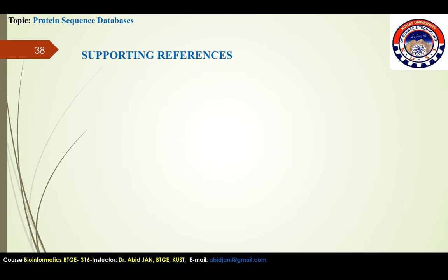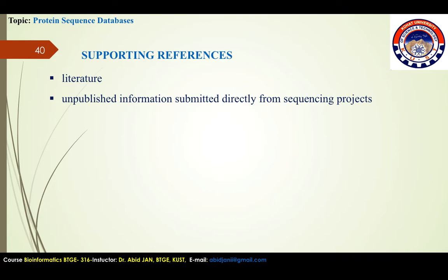Supporting references. The next section of the database provides a list of supporting references. These can be from the literature, unpublished information submitted directly from sequencing projects, and data from structural or mutagenesis studies.